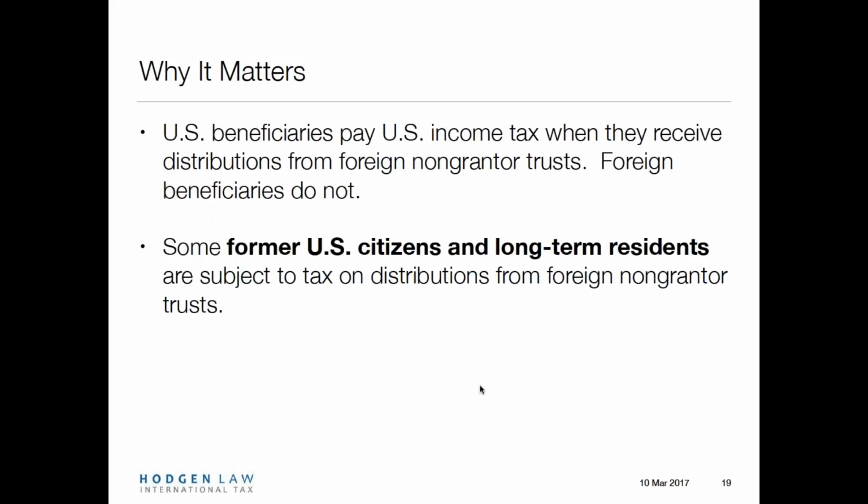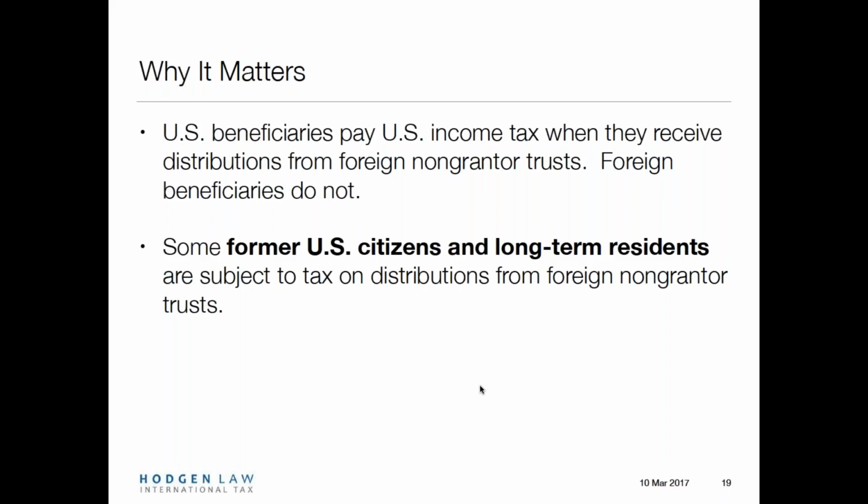Slide 19, why it matters. U.S. beneficiaries pay income tax on the distributions. Foreign beneficiaries do not pay U.S. income tax on the distributions. And just as an aside, I'm saying that these foreign trusts have no U.S. source income, just to keep my examples simple. But there's a second category of people who may be at risk for U.S. income tax on distributions from foreign non-grantor trusts.